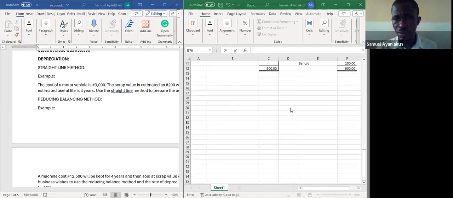Let me know if you can see my screen so I can continue. Just indicate from the chat box if you can see my screen so I can continue.